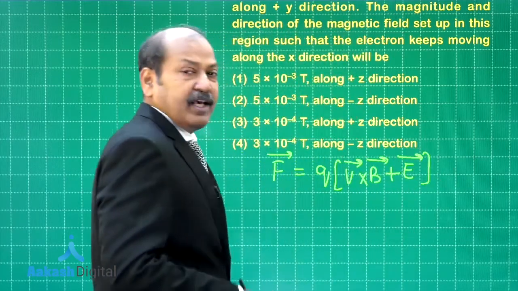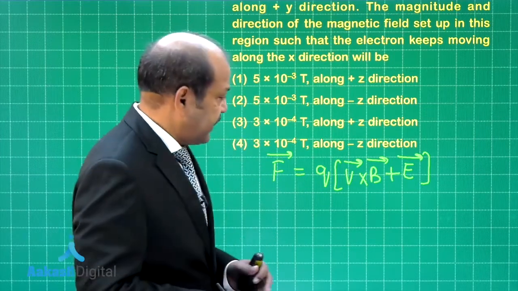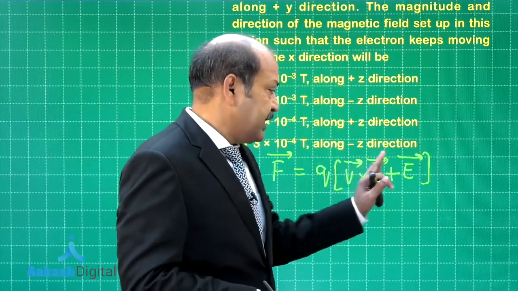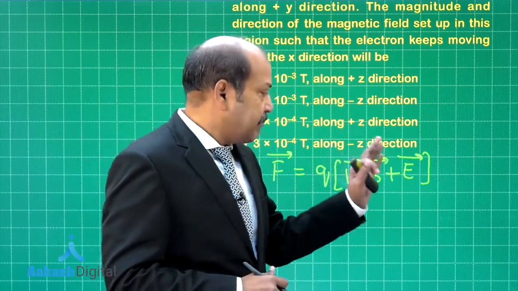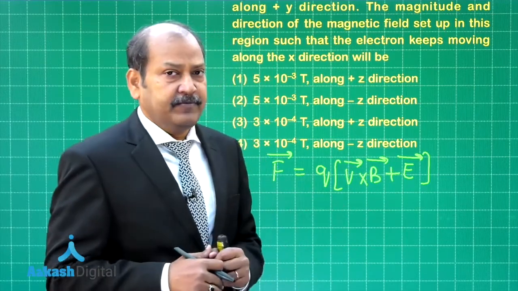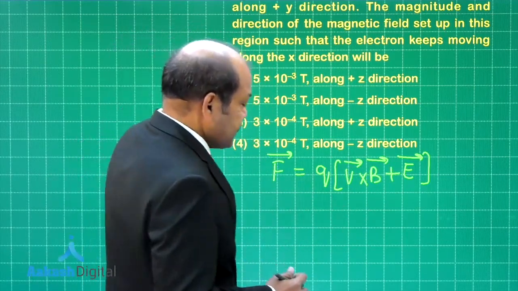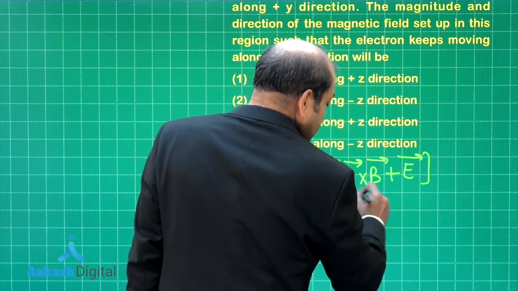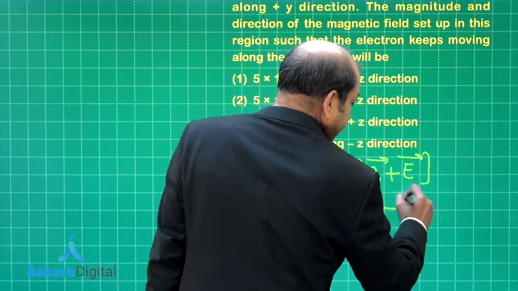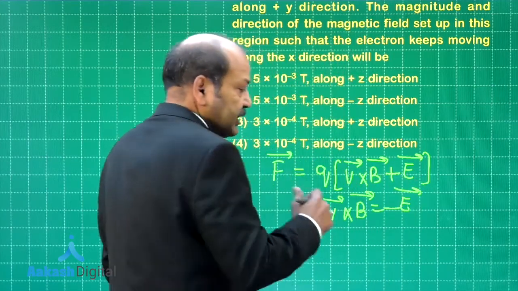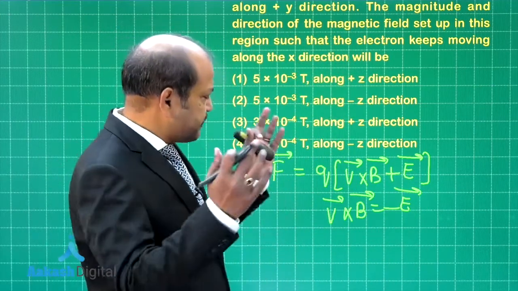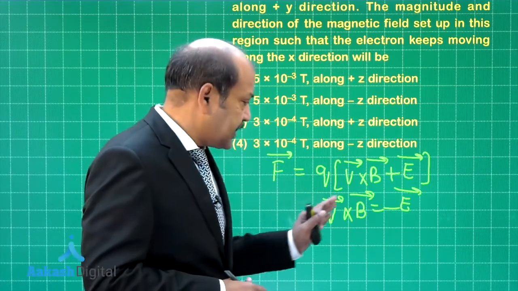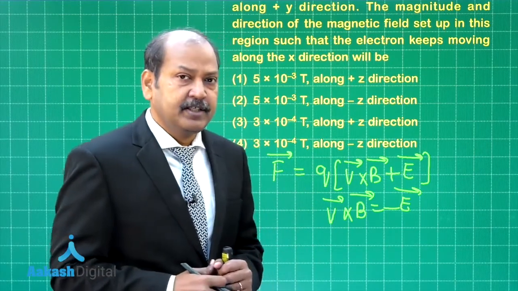Now, in this particular case, if V cross B is able to cancel or balance E, that is enough. So, that means V cross B must be equal to minus of the E vector. Okay? That is a very important point. Irrespective of the value of charge, this condition should be satisfied.